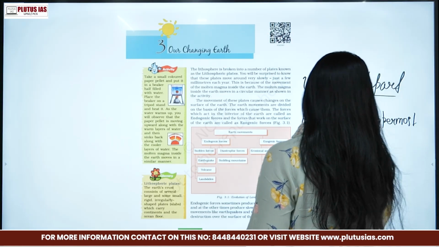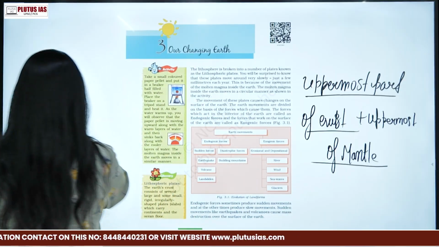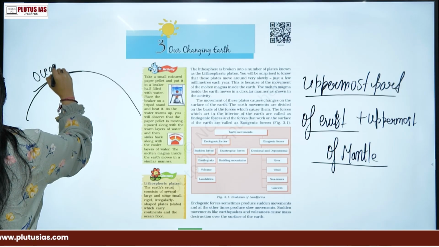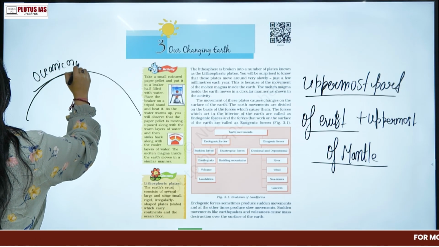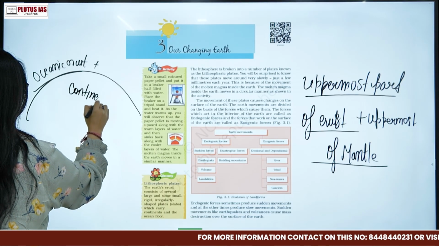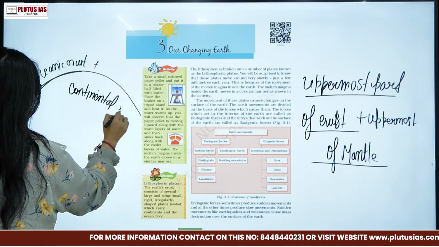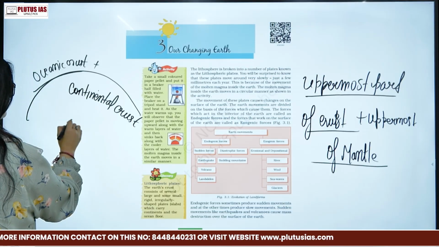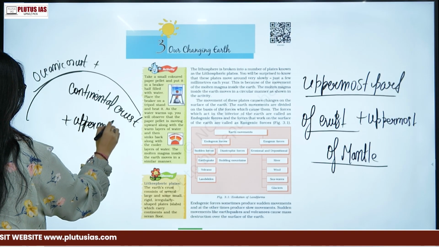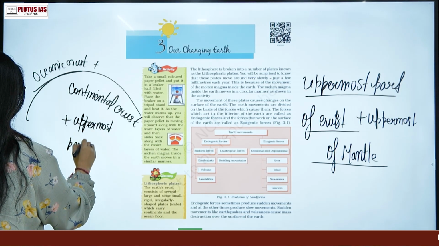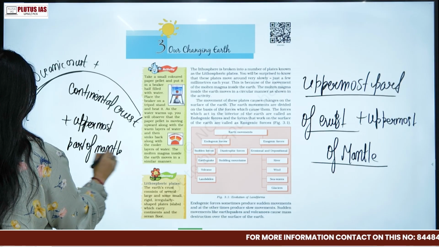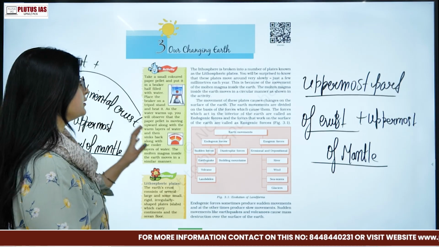It is the top layer of the crust, the layer of the crust that we have, whether it is oceanic crust or continental crust, both will be considered in this. And along with that, it consists of the uppermost part of the mantle. Okay, so this is the definition.